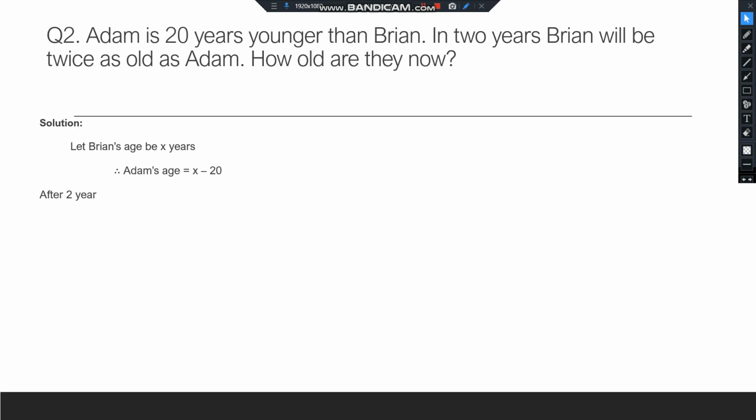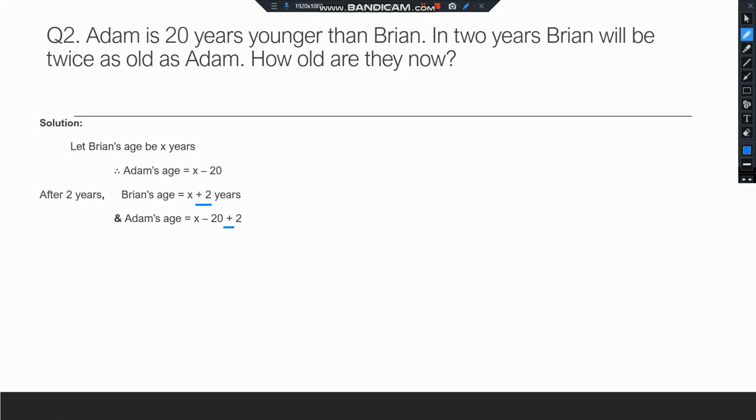Now in 2 years, what will be Brian's age? It will be x plus 2, he will be 2 years older, and Adam will also be 2 years older, that is x minus 20 plus 2. So both their ages will be increased by 2 after 2 years.